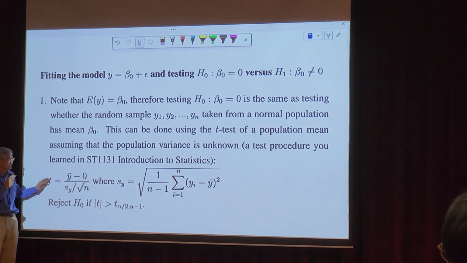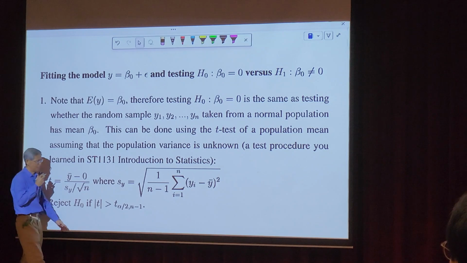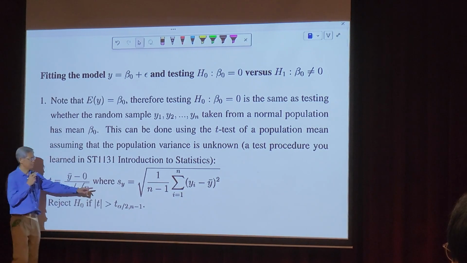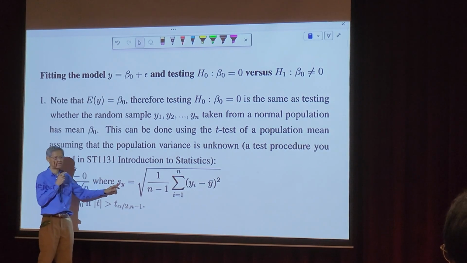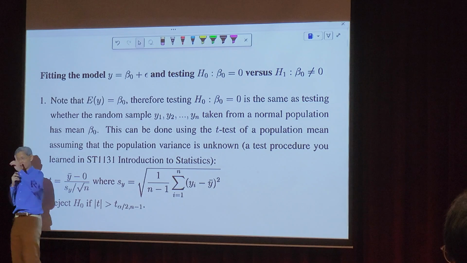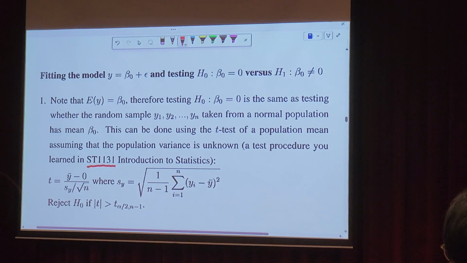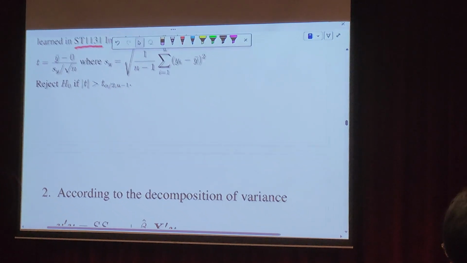And this is a t-statistic with n minus 1 degrees of freedom. That's what you learn in ST3131. So this is not new. I assume you know it. So that's number 1.